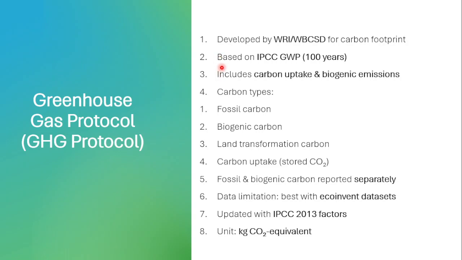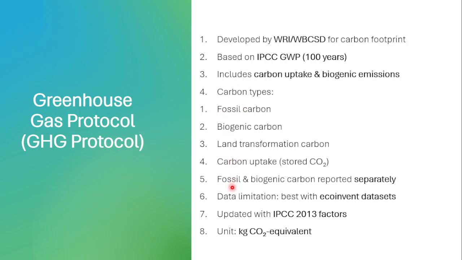It is based on the IPCC GWP for 100 years, and includes carbon uptake and distinguishes between different carbon types: fossil, biogenic, land transformation, and stored CO2, that you can see here.